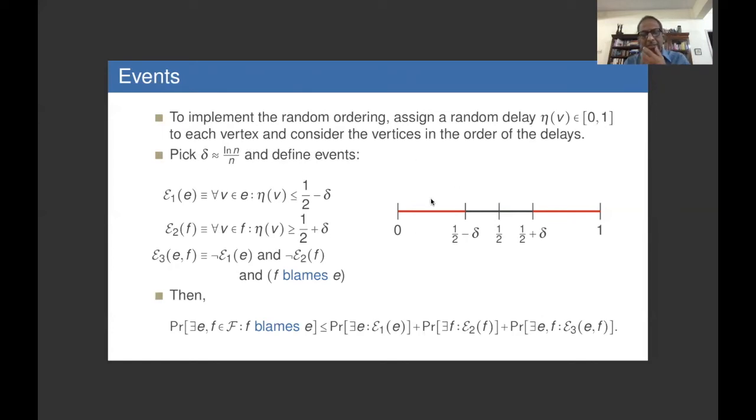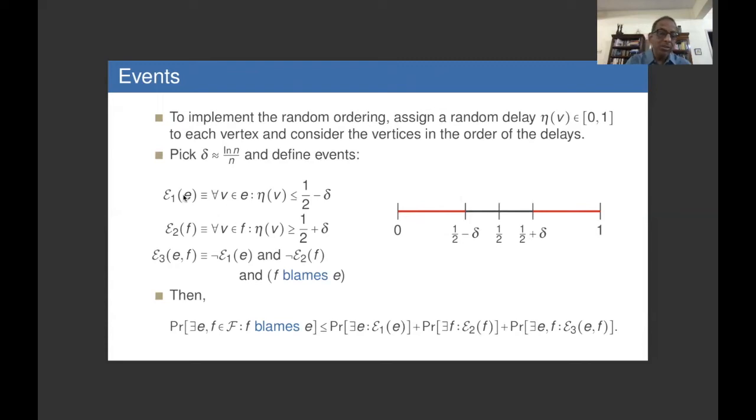The point is that if there is an edge and all its vertices have come very early in this line, that is, their delays are very low, then such an edge is likely to be blamed, because if you look at its last vertex, there might be an edge on this side which has that vertex in common with it, and maybe it blames this edge E for making it blue.